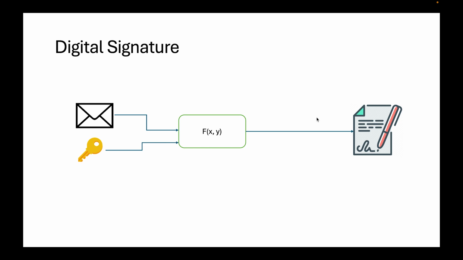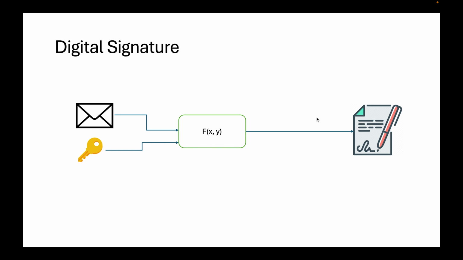So in the digital signature world, we have a function. The function would take a message as an input, and the function would generate a digital signature. Okay, fine. It can do that. But for that, it needs another parameter, called a key. This key is unique for every person who generates the digital signature.